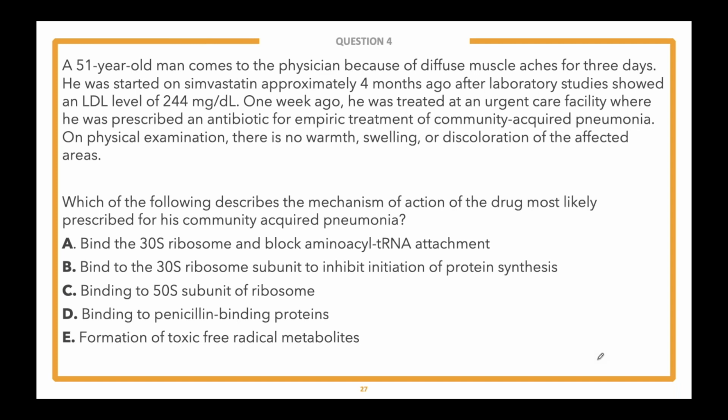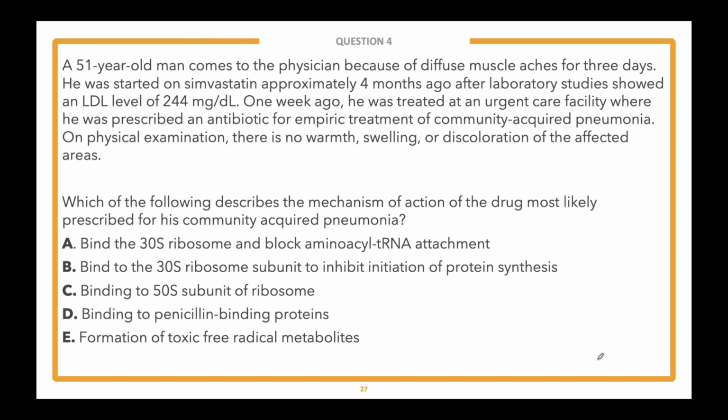So here, which of the following describes the mechanism of action of the drug that was prescribed for his community-acquired pneumonia? E, the formation of toxic free radical metabolites. D, binding to penicillin binding proteins. C, binding to the 50S subunit of the ribosome.